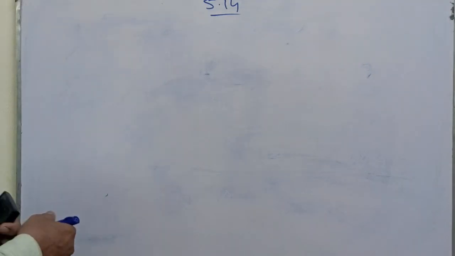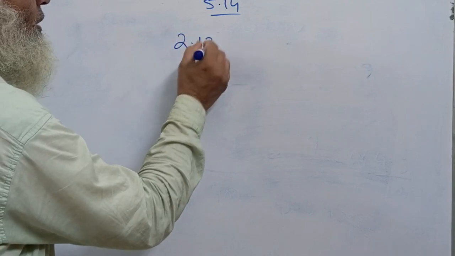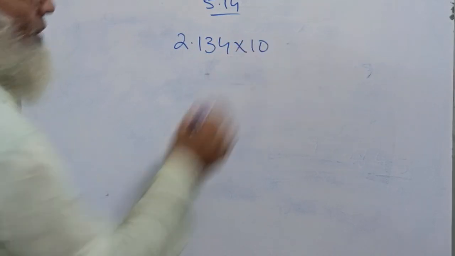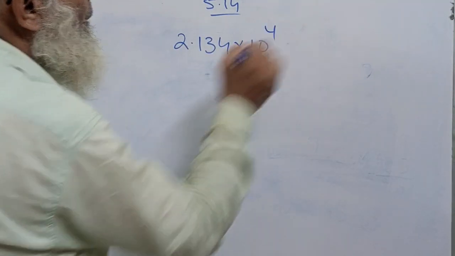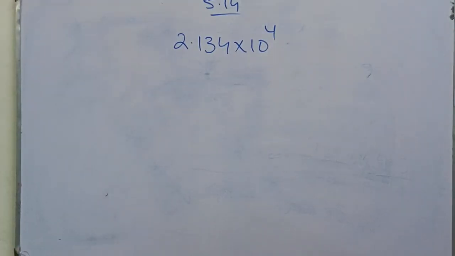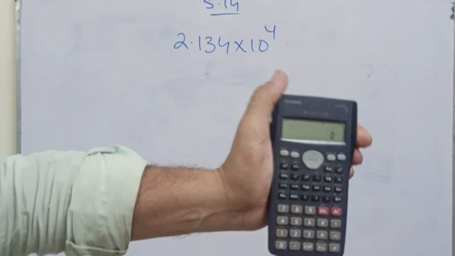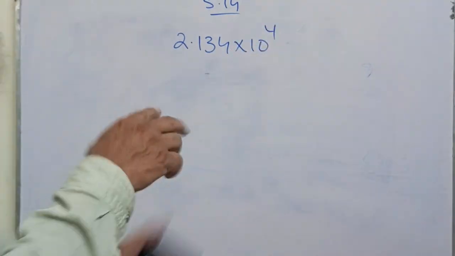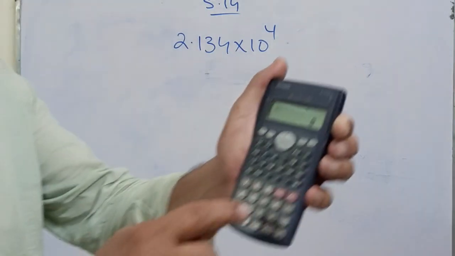Now, suppose I have to write 2.134 into 10 raised to power 4 on the calculator. How will I write this? It is very simple. Just press 2.134, no problem in this.